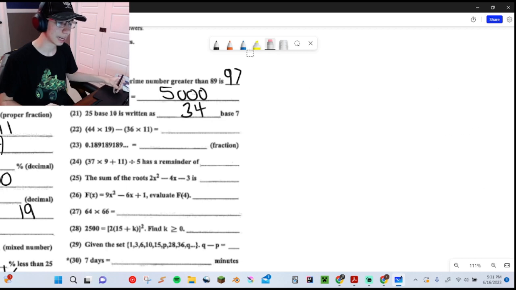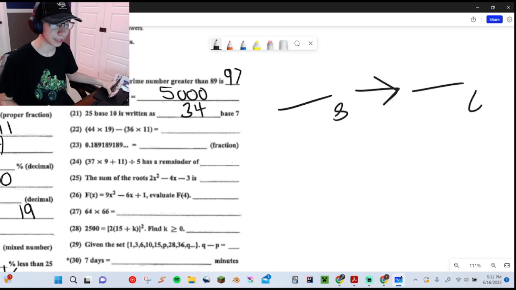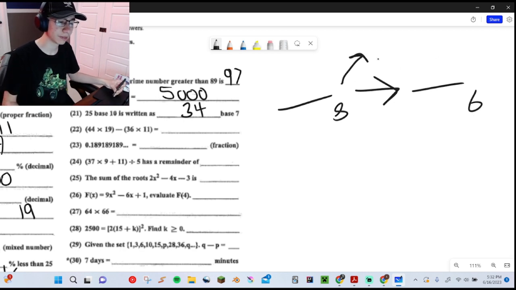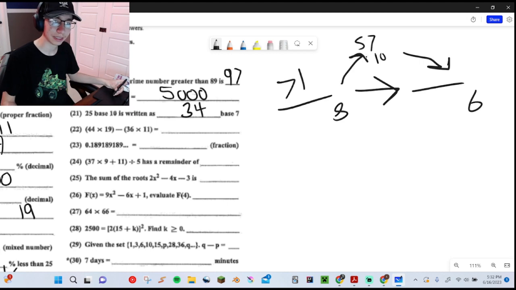And I guess to kind of close up on bases, what if I wanted to convert from like base 8 to base 6? So no base 10 anywhere here. I'd first convert to base 10 and then convert to base 6. So let's say I have 71 base 8, I want it in base 6. So I gotta convert it to base 10. 7 times 8 plus 1, that's 57 base 10.